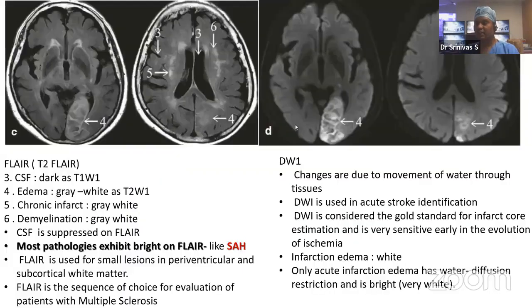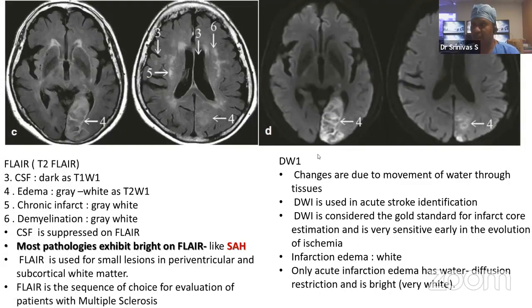Whenever you suspect an infarct, we usually prefer the diffusion weighted image. This diffusion weighted image is based on the movement of water through the tissue. It is used for acute stroke identification. So this is very important to identify in a stroke patient whether the stroke is acute or not.